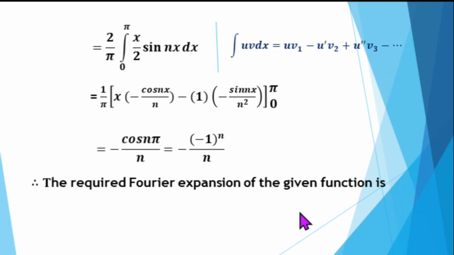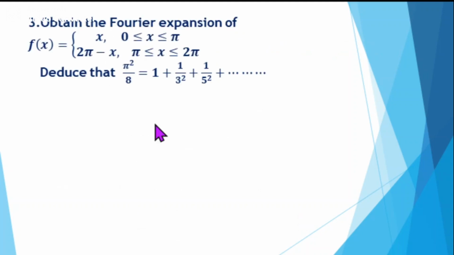Now look at this problem. Question number 3. Obtain the Fourier expansion of f of x. See here, function is defined in the two intervals. So for the interval 0 to pi, f of x is defined as x, and in the interval pi to 2 pi, function is defined as 2 pi minus x.